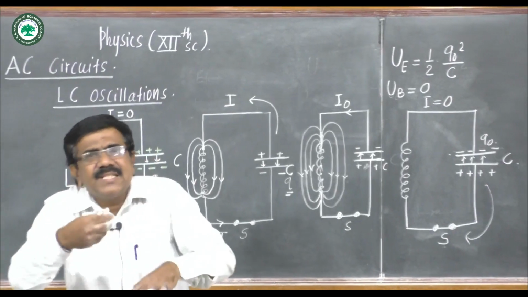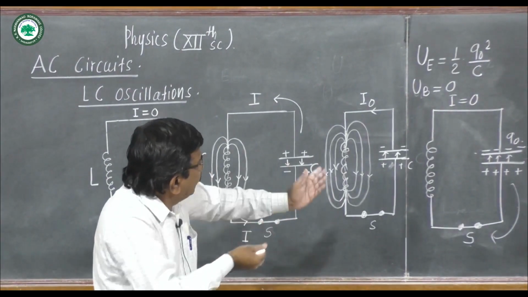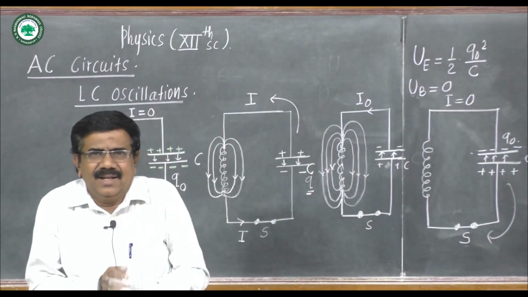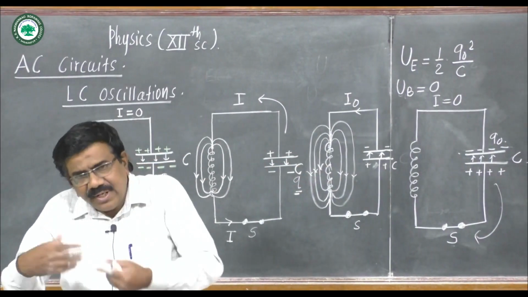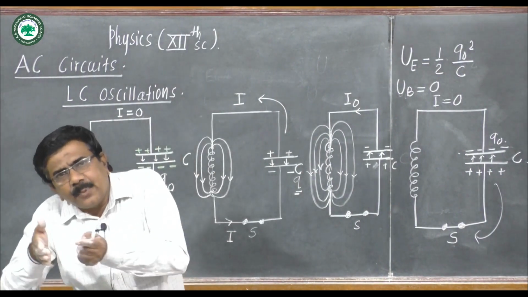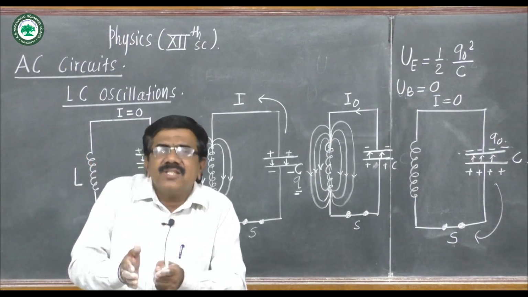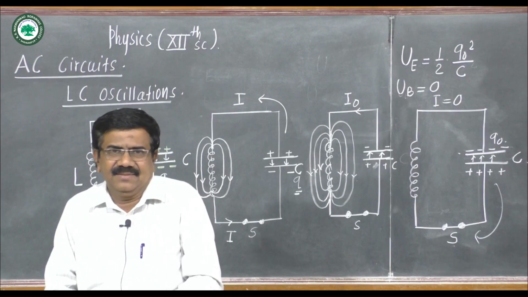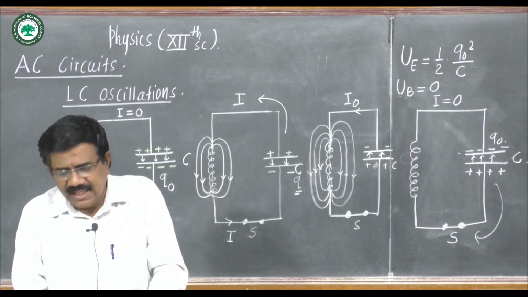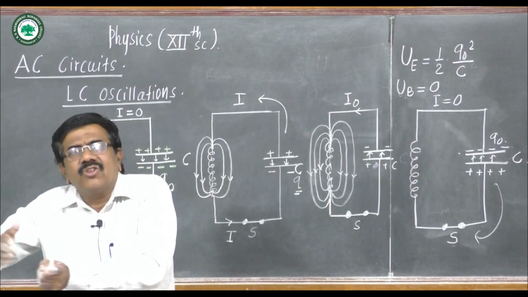So the energy of the system continuously goes between electric field energy of the capacitor and magnetic field energy of the inductor alternately, and it produces electrical oscillations of the desired frequency. We call these oscillations LC oscillations.